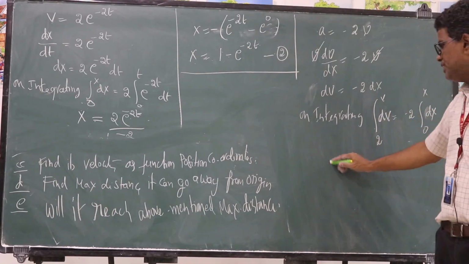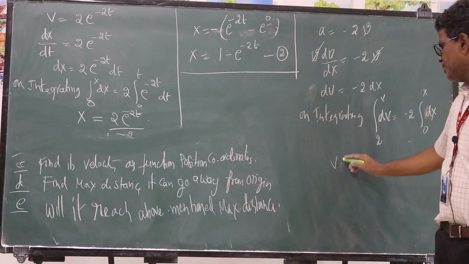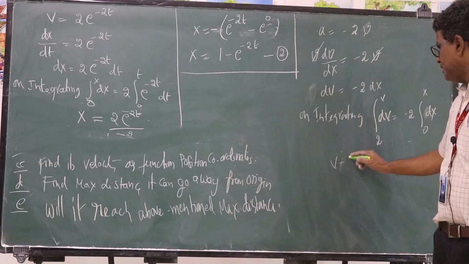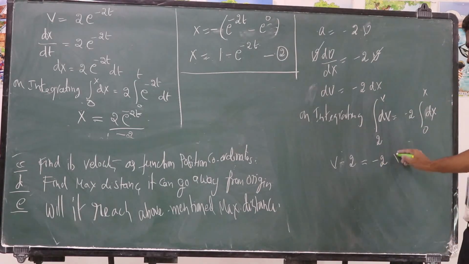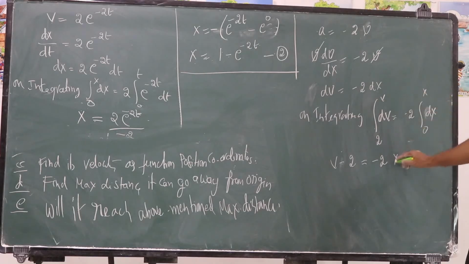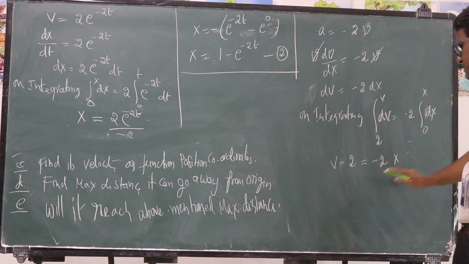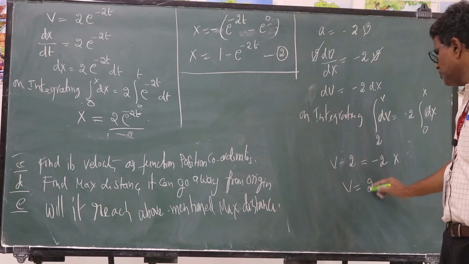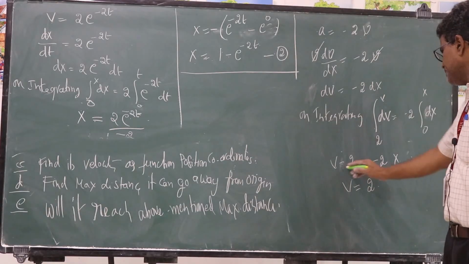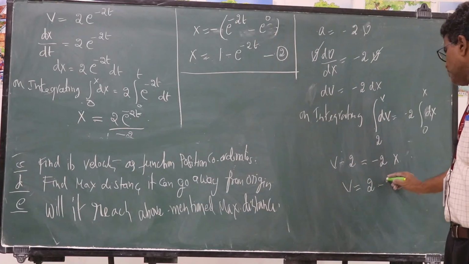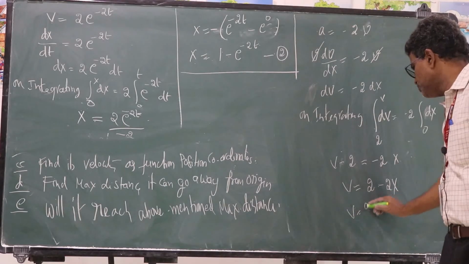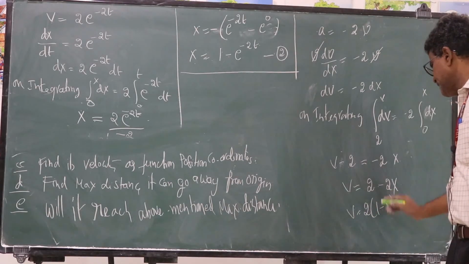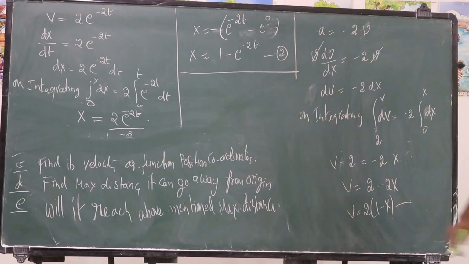Integral dv is v, upper limit minus lower limit, is equal to minus 2 into integral dx, upper limit x minus 0, x. So v is equal to v0 minus 2x, that is, v is equal to 2 minus 2x, which is 2 of 1 minus x. So this is the answer for C.